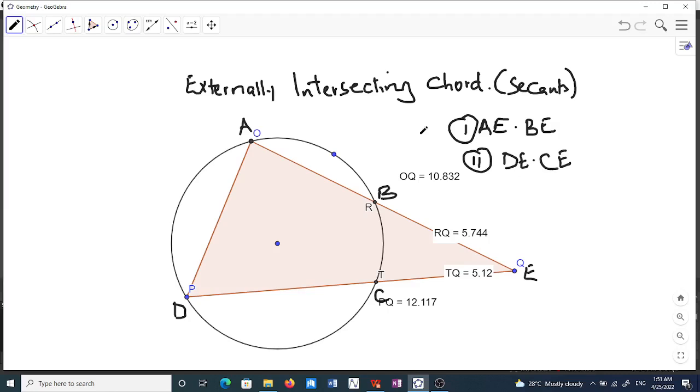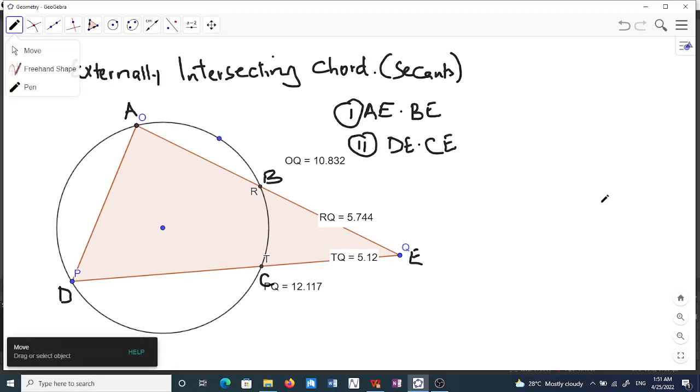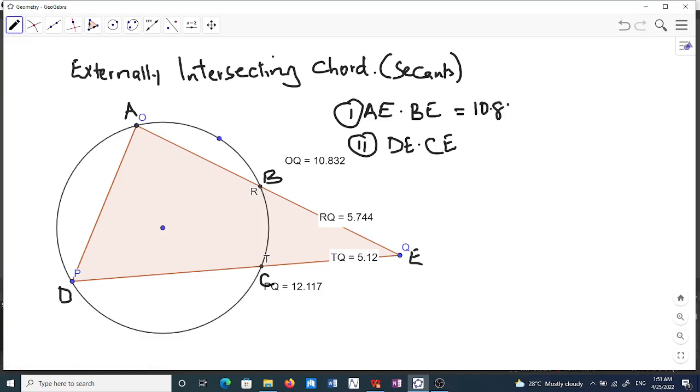Then from here we can start debating what is happening. Is there any relationship here? So let's start. What is AE? AE is from A to E, which is given as OQ, which is 10.832. Then multiplied by BE, which is RQ, which is 5.744.